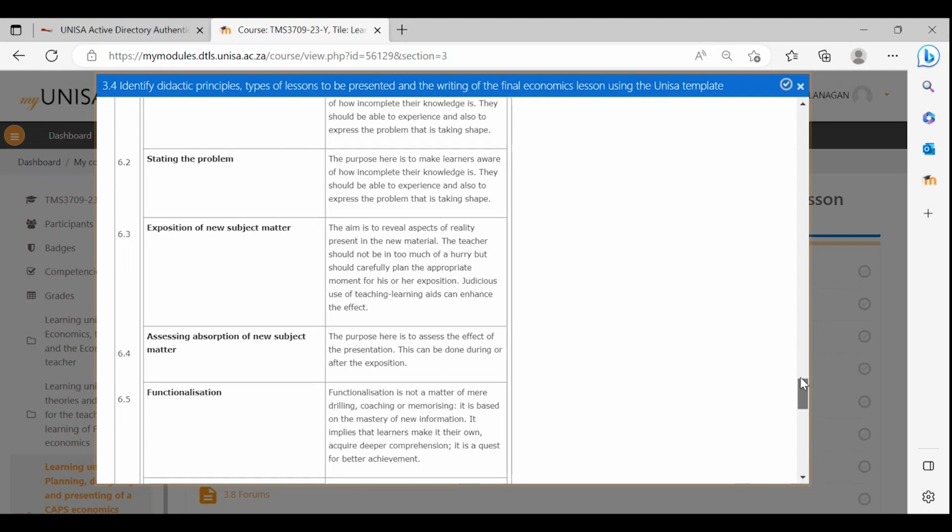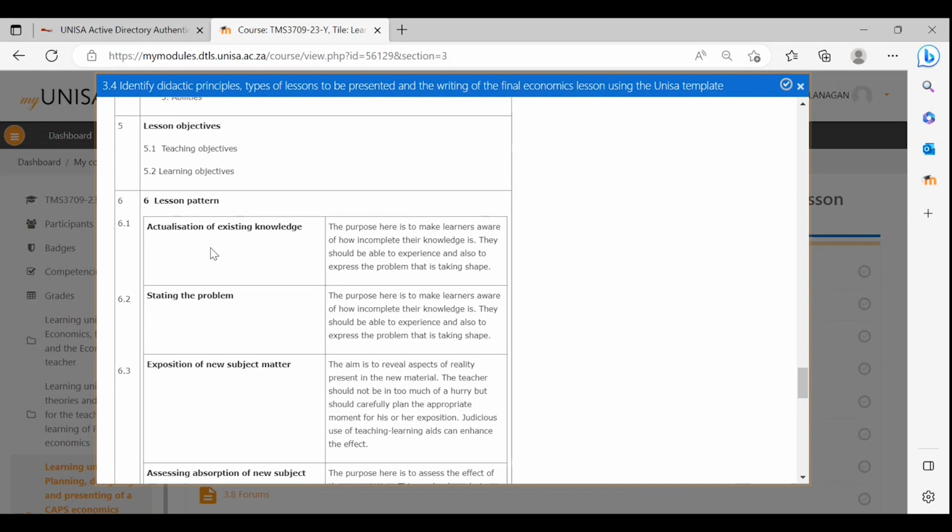Now, this is one of the questions in assessment 2, the actualization of existing knowledge. What is this about? The purpose here is to make learners aware of how incomplete their knowledge is. They should be able to experience and also to express the problem that is taking shape.